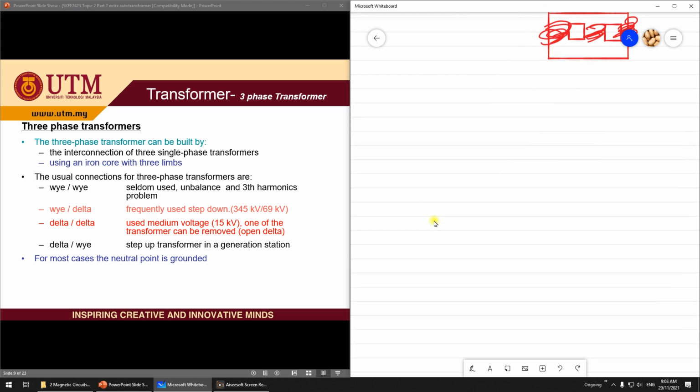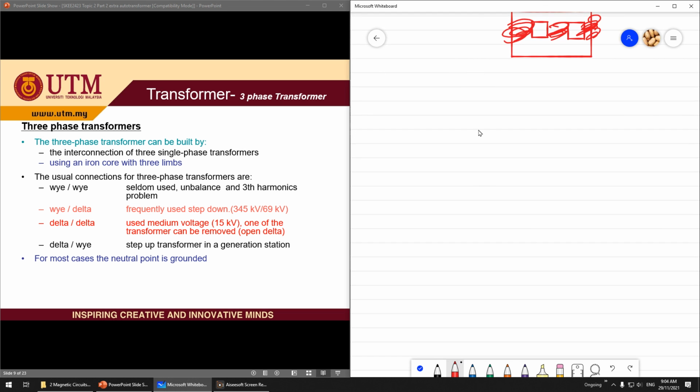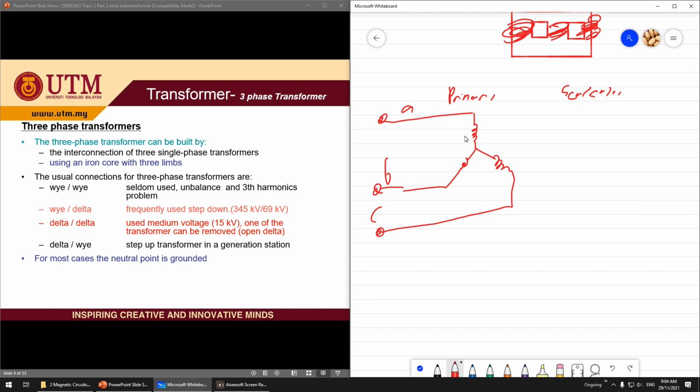If you remember, a transformer has two circuits, primary winding and secondary winding. For example, Y-Y: this one is A, this one is B, and then you do a winding here, this one is C. Recall your three-phase system.